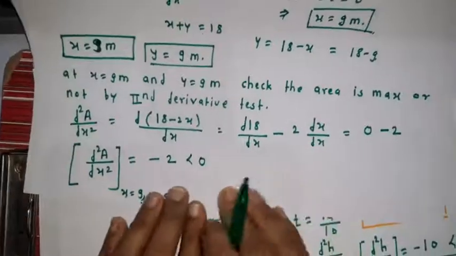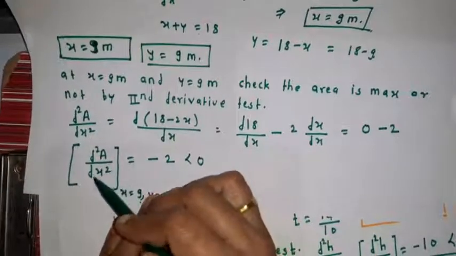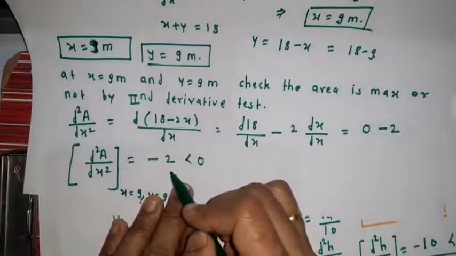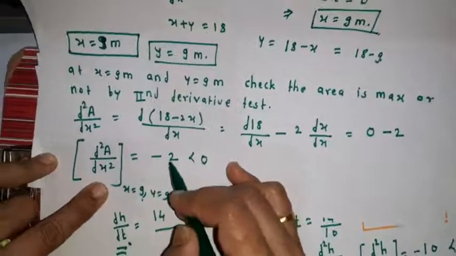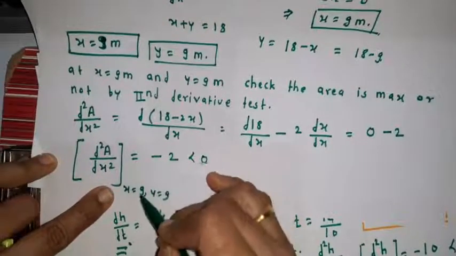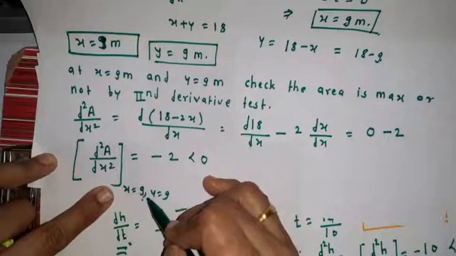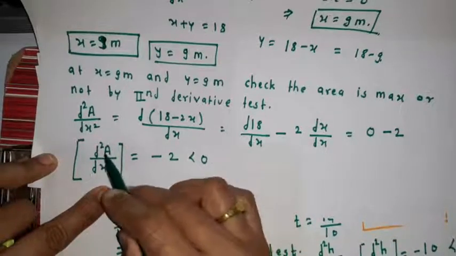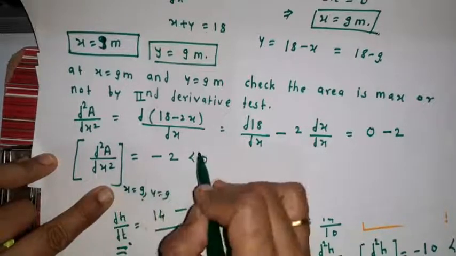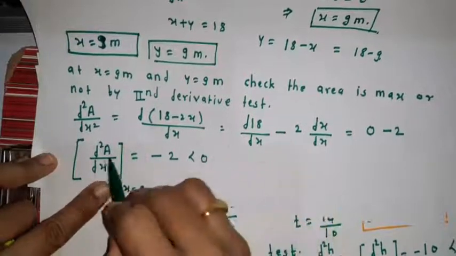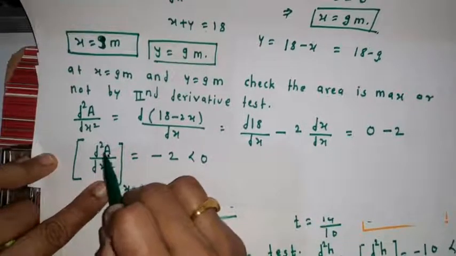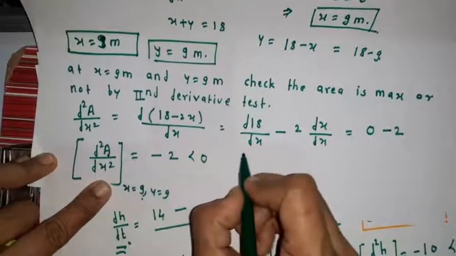Students, here in d²A/dx², the expression is minus 2, which does not contain the terms of x and y. That's why it is not necessary to put the value of x and y. But d²A/dx² is minus 2, which is negative or less than 0. Hence the area, this function, that is maximum.